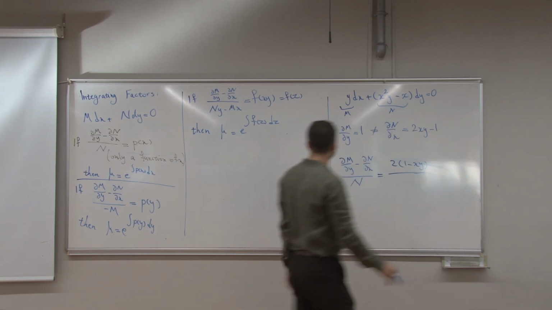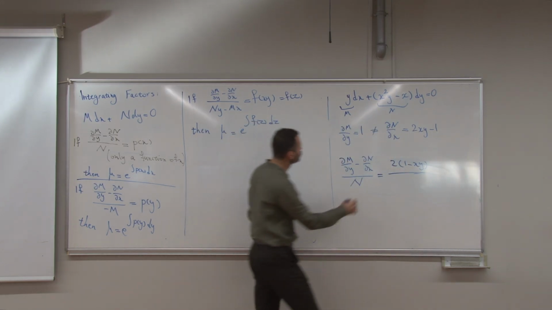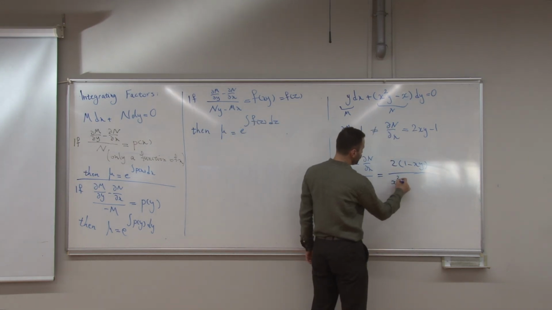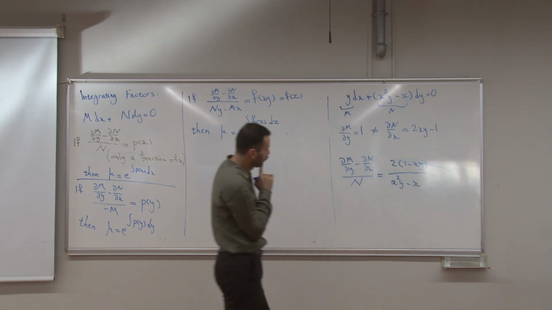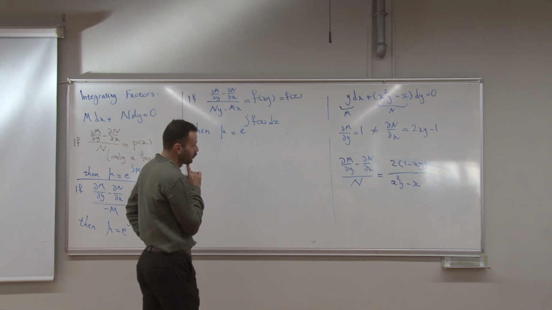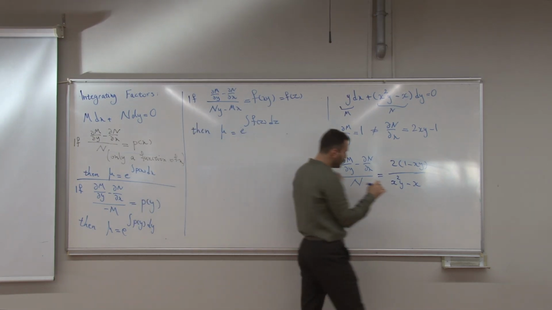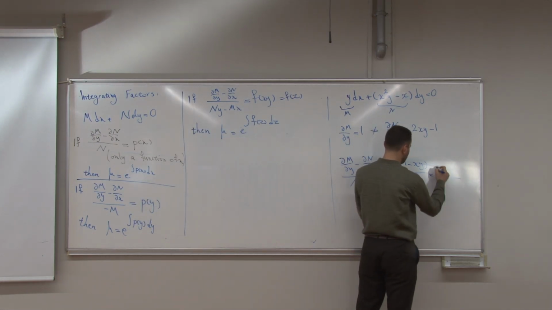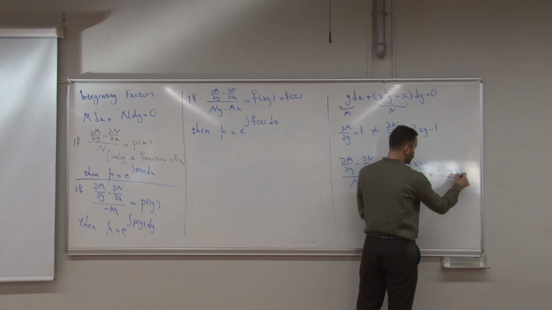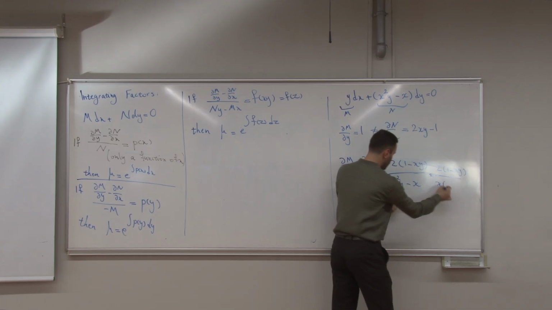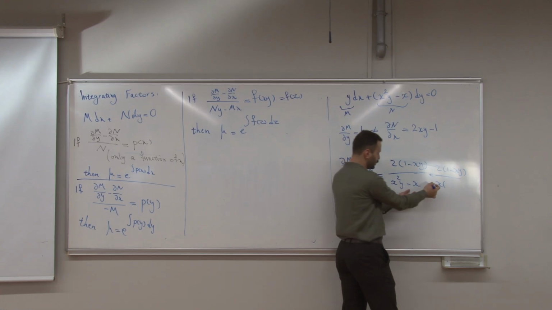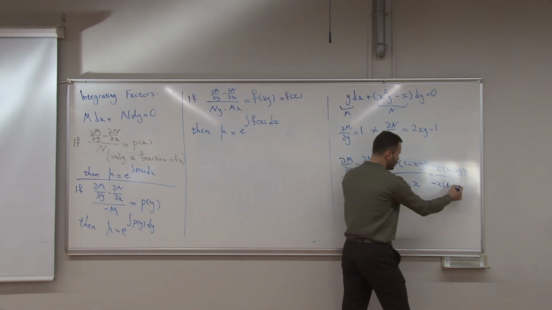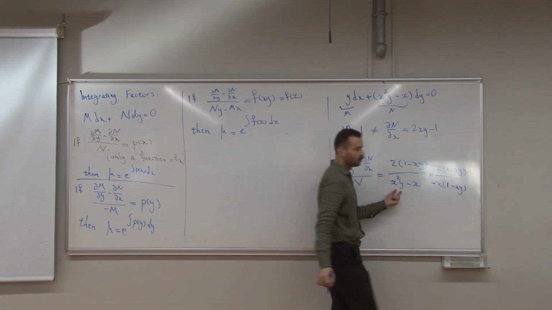Can it be divided by N? And what is our N? x squared y minus x. Yes, we need to take a factor out of x's. So this is going to be 2 times 1 minus xy over x, let's take a factor from minus x, so this is going to be 1 minus xy.